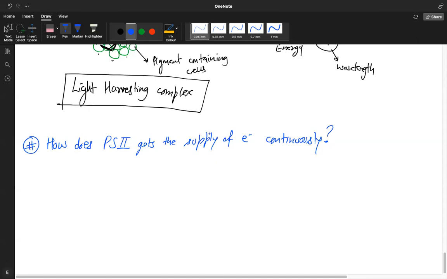So the answer is it gets it through the reaction where water is split.